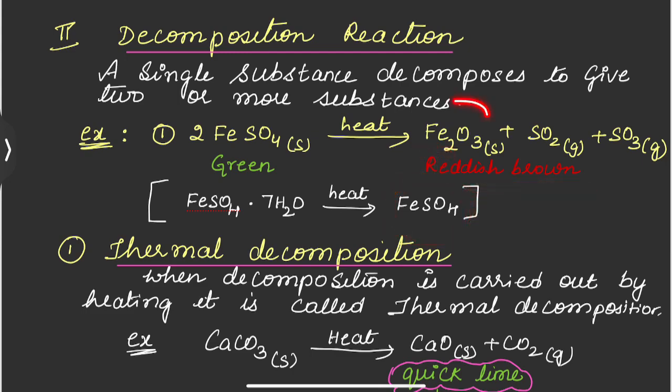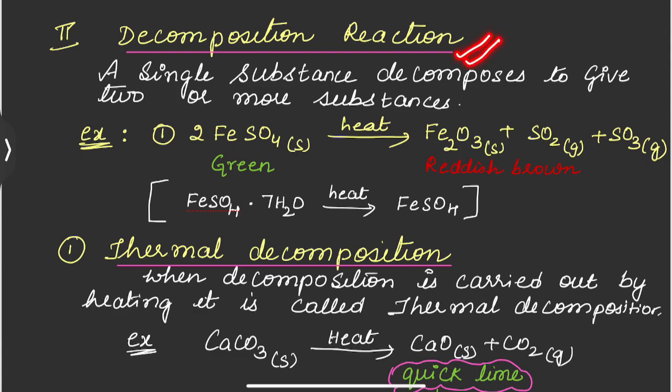Reddish brown color indicates that FeSO4 is converted into Fe2O3 along with the liberation of sulfur dioxide and sulfur trioxide gas. Is that clear? So this is about decomposition reaction.